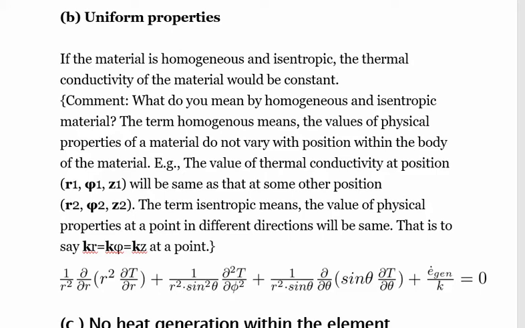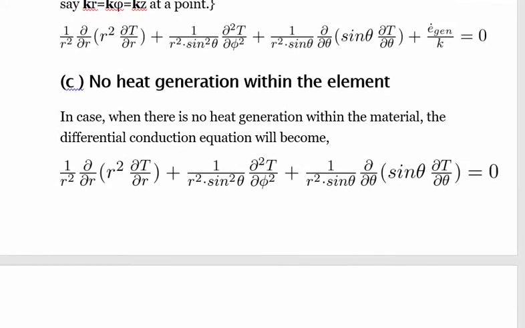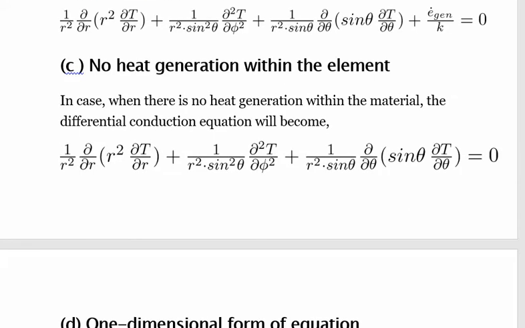The term isotropic means the value of physical properties at a point in different directions will be the same. It means the values of kr, k phi and k theta will be the same at every point.